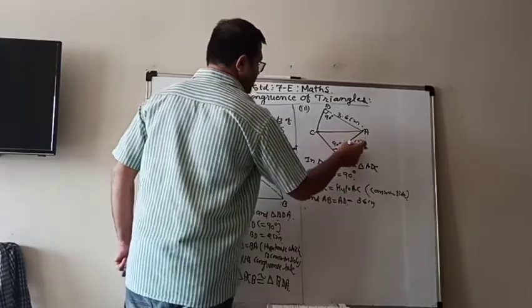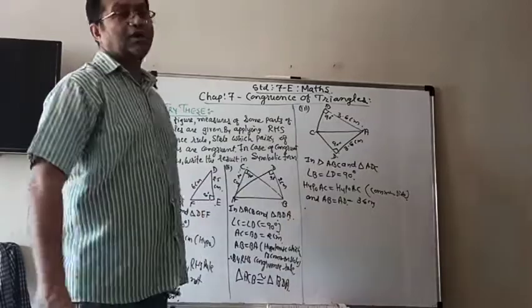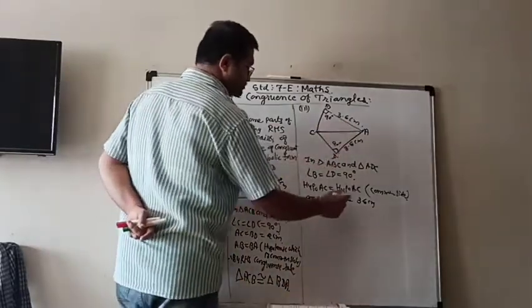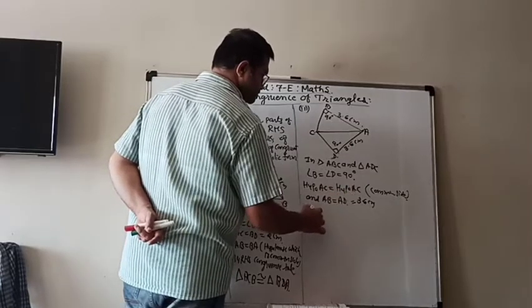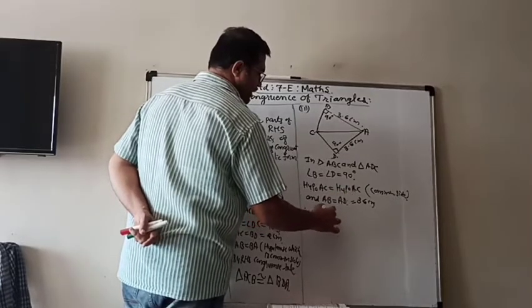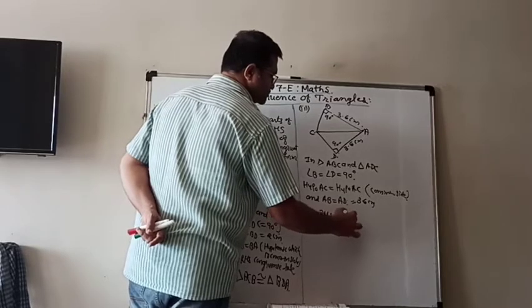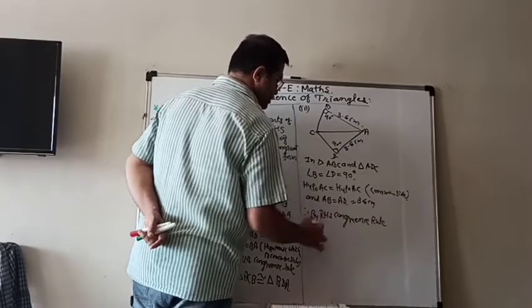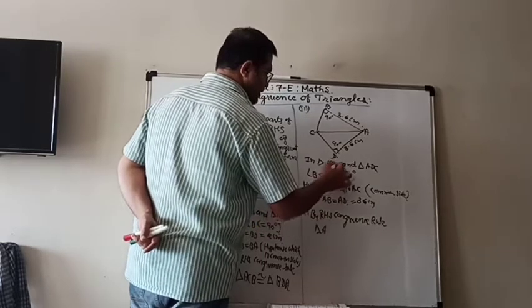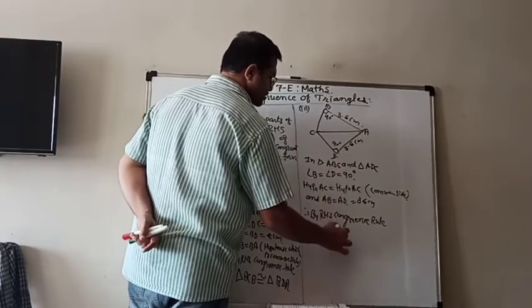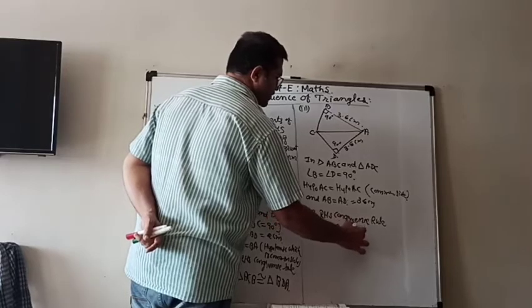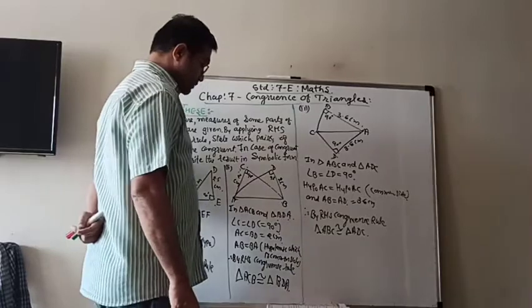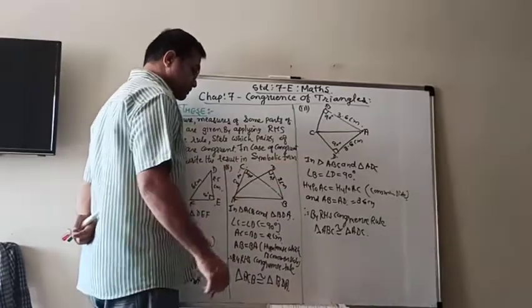If they are not equal, we cannot apply the RHS rule, but here you can see that they are equal in size. Therefore, by RHS congruence rule, triangle ABC is congruent to triangle ADC.